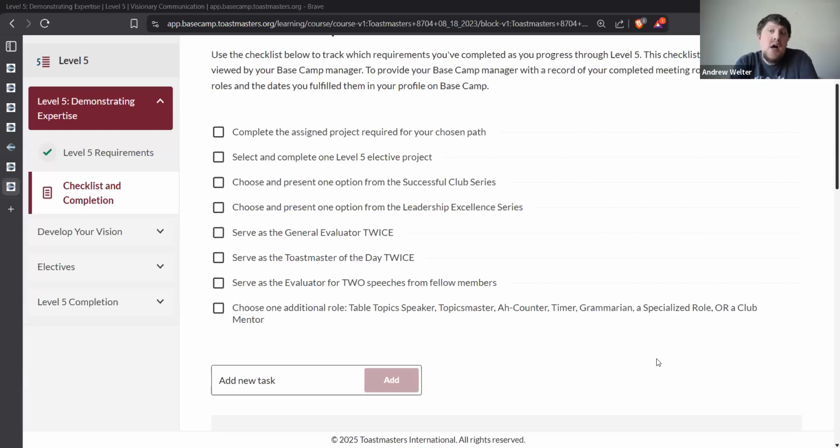In fact, I would have to look at the wording on this. For example, timer. If you were timer at a contest, that is a Toastmasters function. I'd have to look to see whether that would count because you're still doing the same timing role.